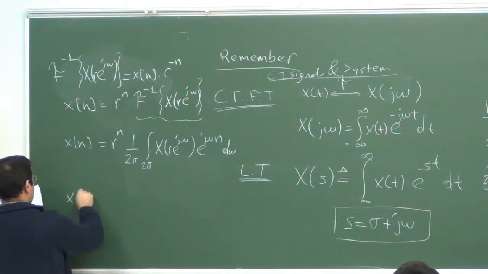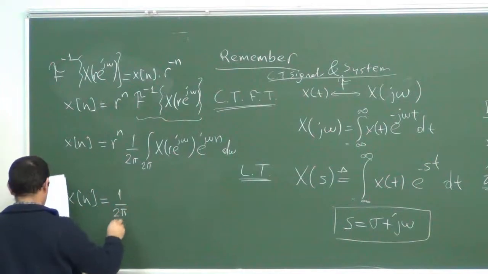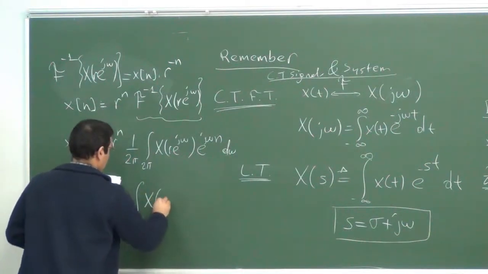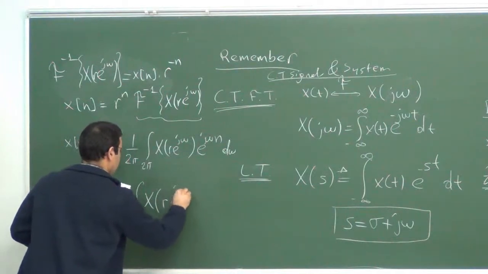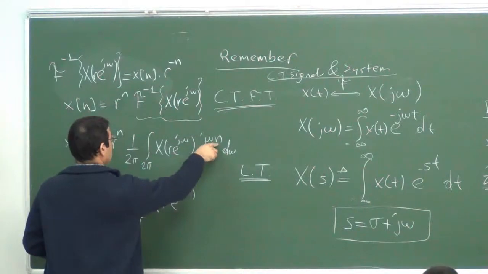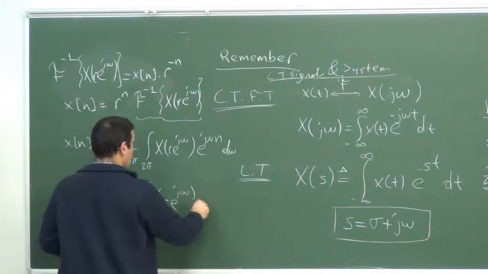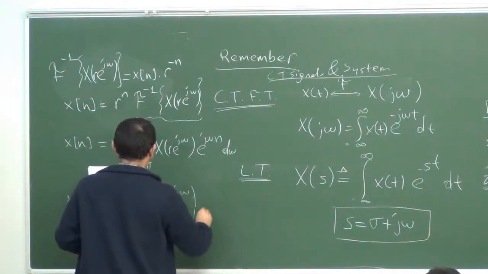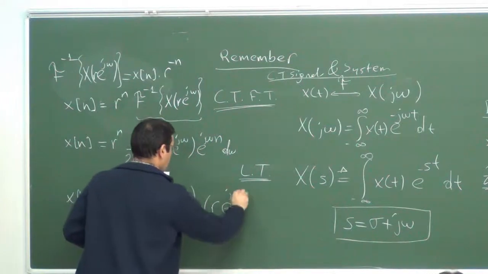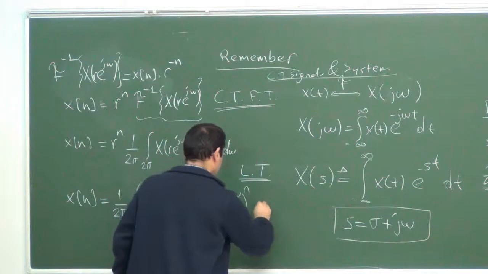So the equation in this case is 1 over 2 pi, integral of X(r e to the j omega). You put this term in here, and there is a power of n, so it is simply r times e to the j omega, to the power n, d omega.